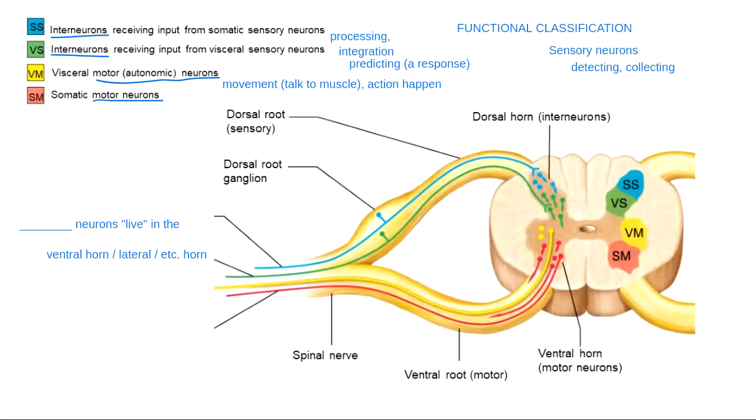Right here is an underline, highlight, star structure: the dorsal root ganglion. This is the location where sensory neurons live. So sensory neurons, my ones that collect information, that detect what's happening around you, those ones live in the dorsal root ganglion.